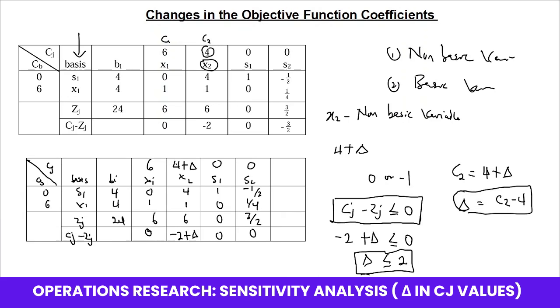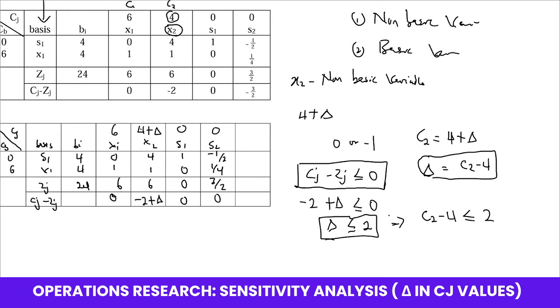We have C2 minus 4 less than or equal to 2. Making C2 the subject, we have C2 less than or equal to 6. So this is the range for which, when we change C2, the solution is going to remain optimal.